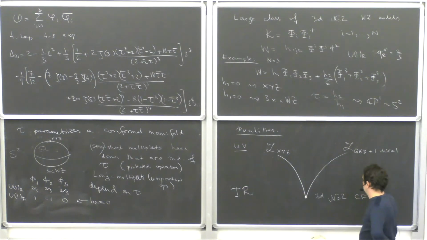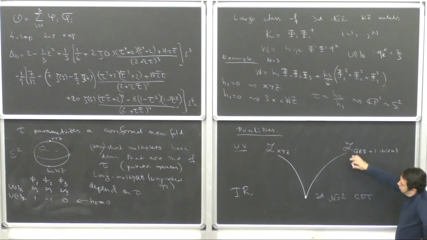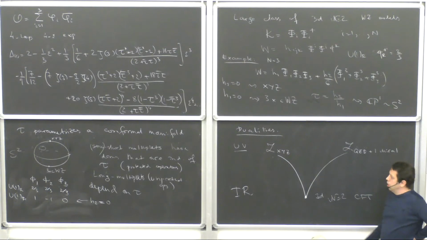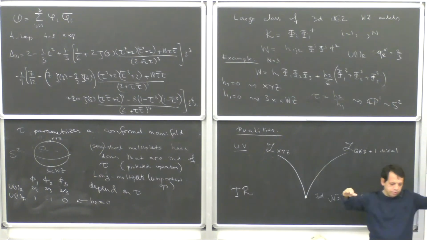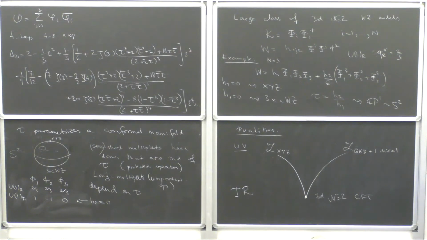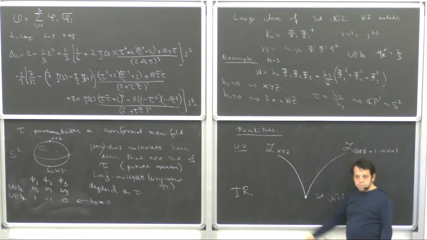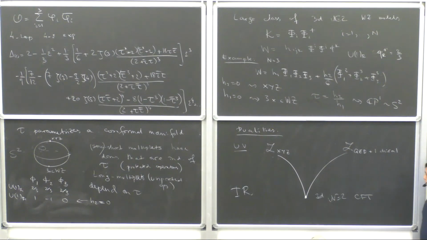And this is just a very, very simple example of such interplay, meaning two UV theories that have very different Lagrangians and different descriptions and different fields. Like here I have a gauge field, I have a photon here. Here I don't have a photon. But at low energies, these things have exactly the same physics.